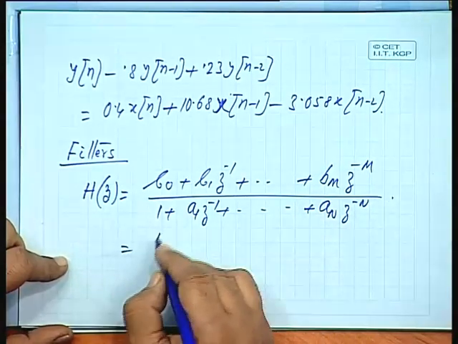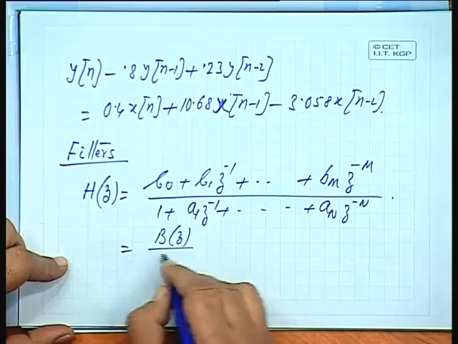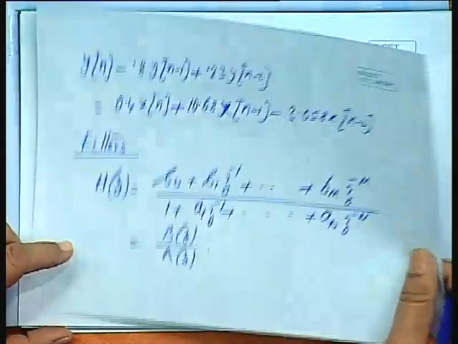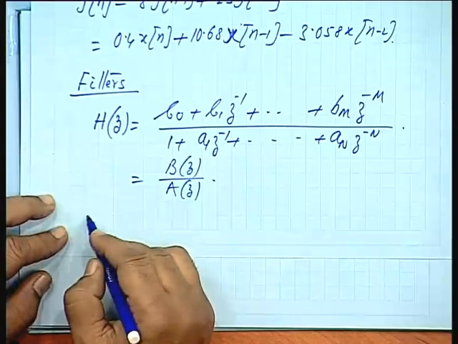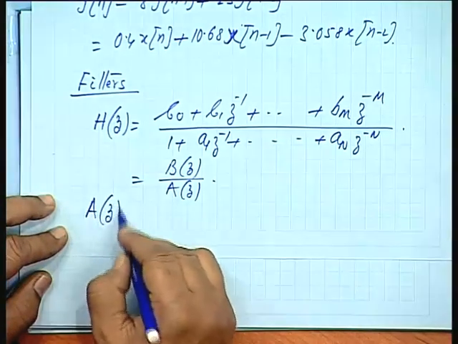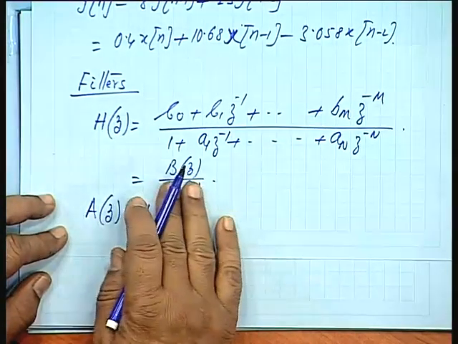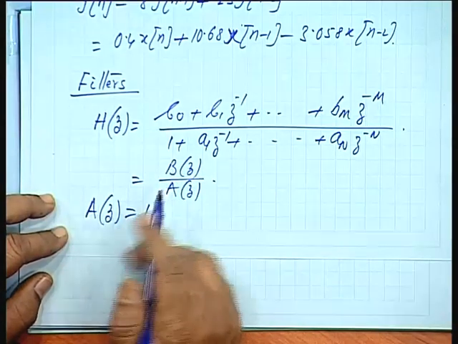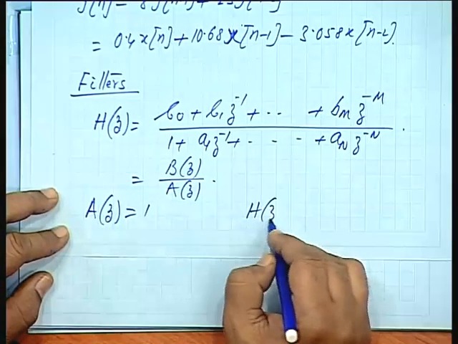That is equal to B(z) by A(z). This is what we mentioned earlier. If A(z) is equal to 1, then it is having only the numerator polynomial. So, H(z) is only B(z).